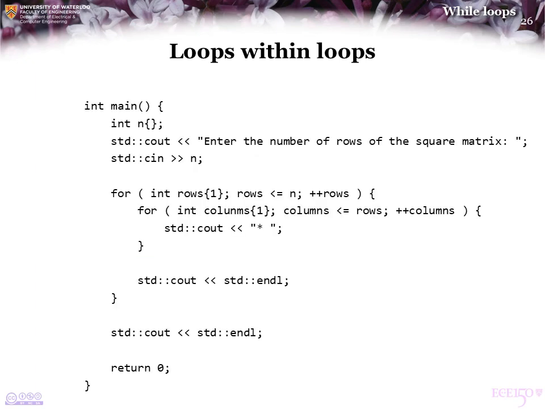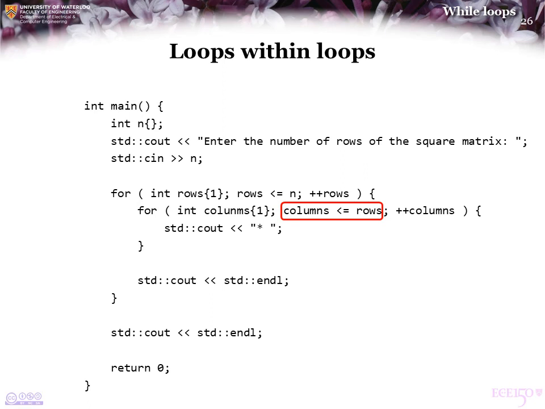So here we see a situation where the halting condition for the inner for loop is that columns is less than or equal to rows. Now, remember that rows starts at 1, and with each execution of the outer for loop, rows is incremented by 1.